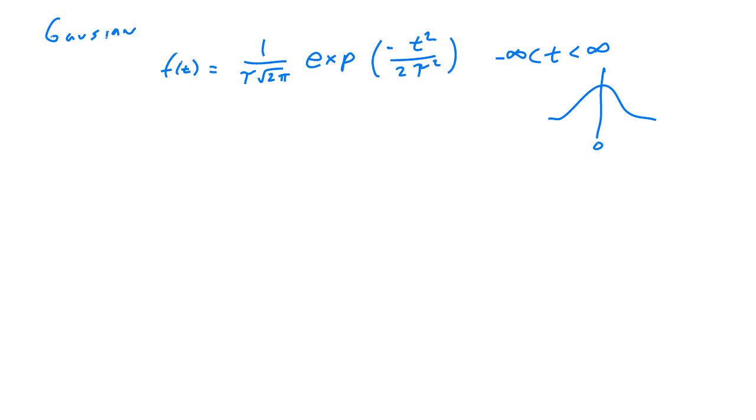And so what we're going to do is actually take the Fourier transform of this Gaussian distribution. So I'm going to say the Fourier transform of this thing, and I'm going to use this little twiddle to represent any time we have a transform, is going to be 1 over square root of 2 pi from the general transform equation, integrating from minus infinity to infinity of f of t times e to the minus i omega t.